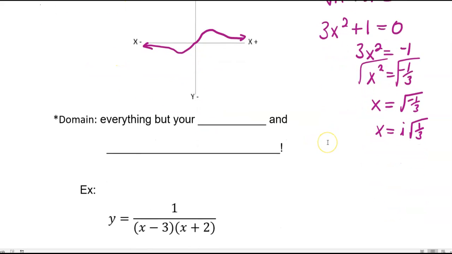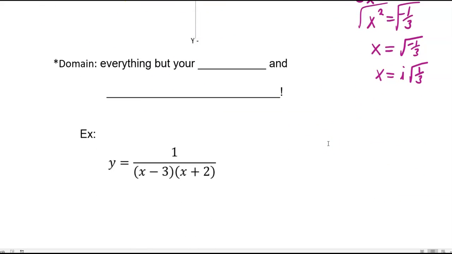Okay, the last thing that I want to mention has to do with those domain restrictions that we talked about in the last class. They're going to be easier to find now that you can think about things as holes and vertical asymptotes. Your domain is going to be everything but your holes and vertical asymptotes.